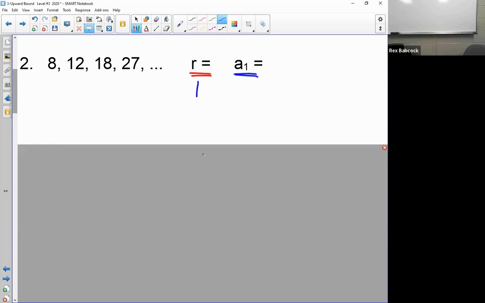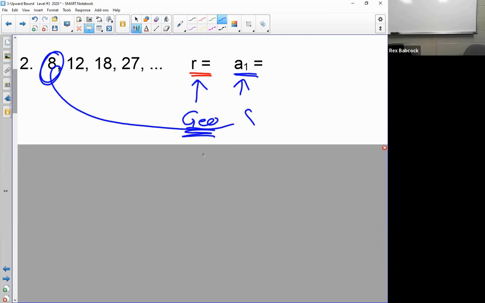Oh, well, if it's a ratio, it's geometric. That tells me that automatically. All they ask for is the ratio. And then they ask what is the first term? Well, the first term they've given me. It is 8. So half the answer they've already given me. I just had to be able to read and understand what they wanted.